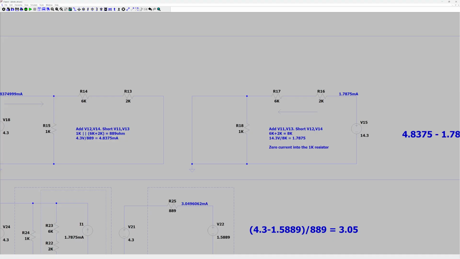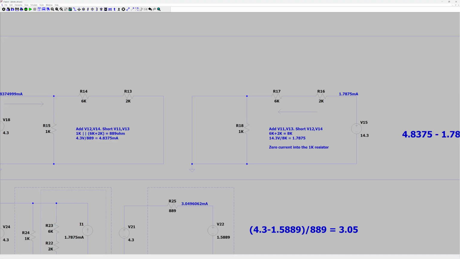This one's a little easier for it, I guess. It came out with exactly the same answer as it should be. And like I said, there's zero current in the resistor. So basically, there's zero current here. So all of the current going into this is 1.7875.